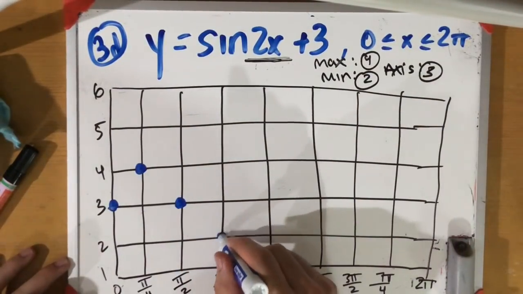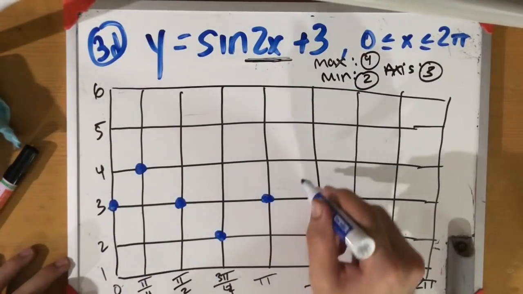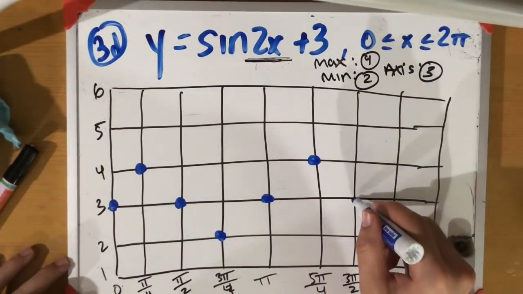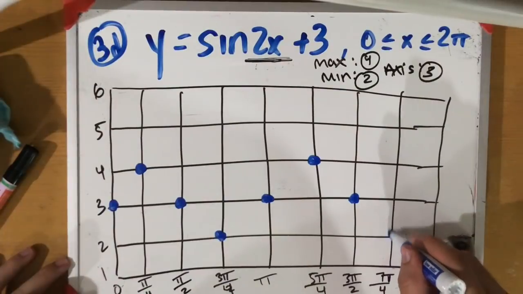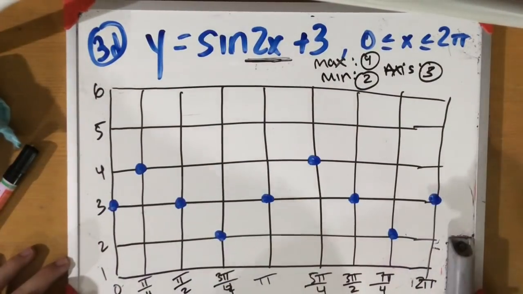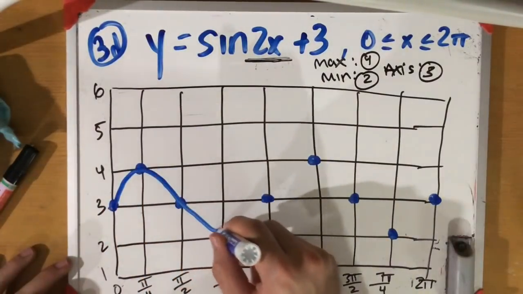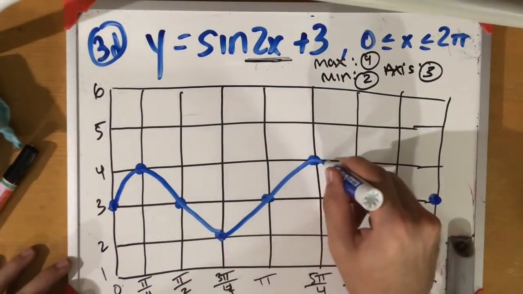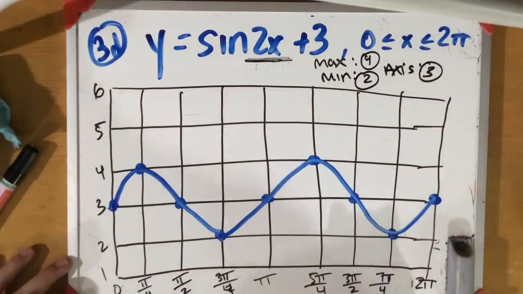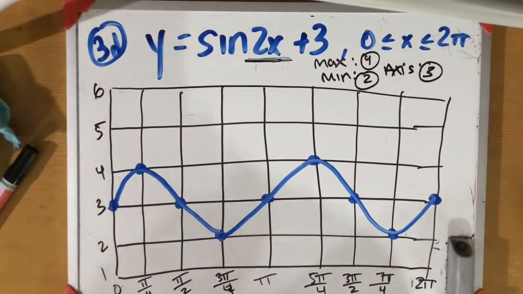Your minimum is at 2. Again, you're going to follow how a sine graph looks like. So this is exactly what you should have for sine 2x plus 3.